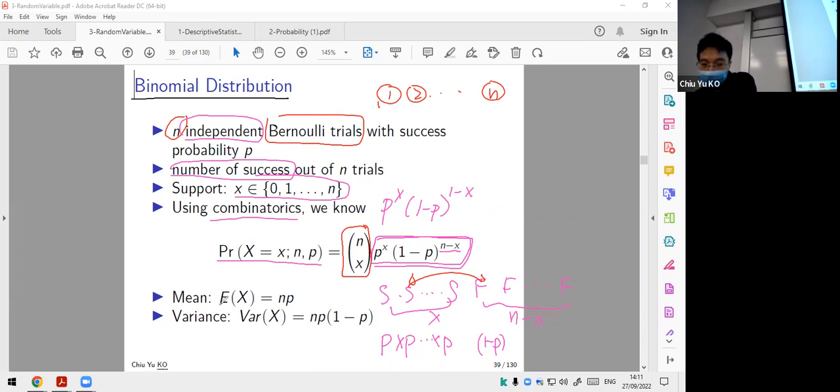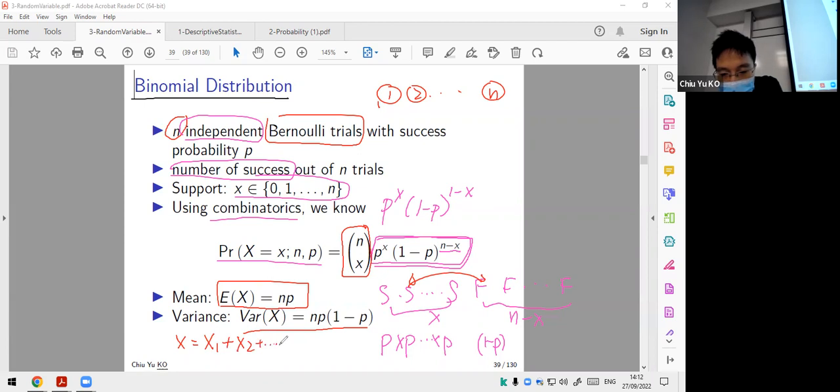Now, you will easily see why the mean is like this, and why the variance is like this. This is coming from the following idea. X comes from the fact that you have X1 plus X2 up to Xn.